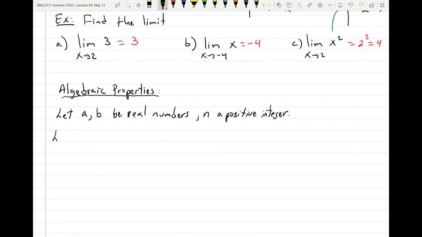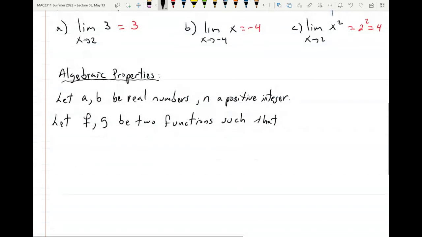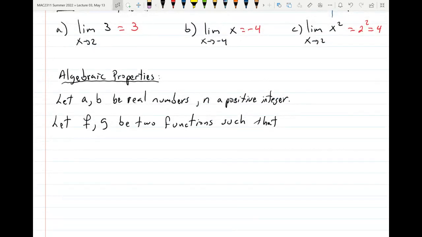Also, suppose that we have two functions. So let f and g be two functions with the following condition, such that, let's say that we know their limits, okay?